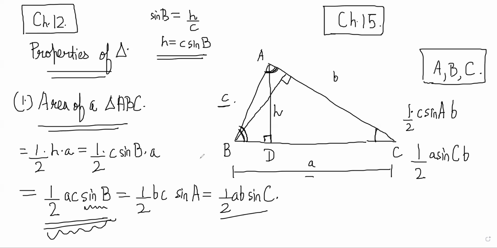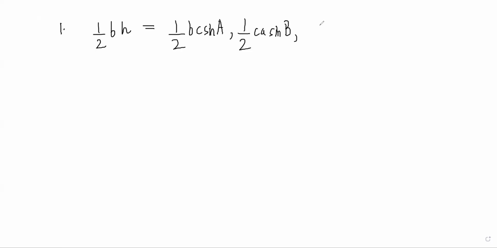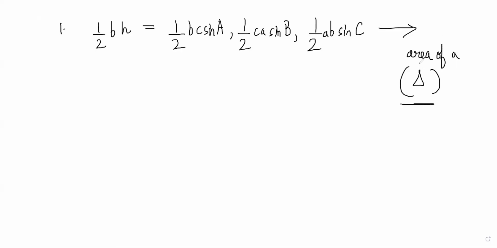So remember, this is an important result. First you have half base into height, and from there we got half bc sine A, half ca sine B, half ab sine C. This is also the area of the triangle. In this chapter and in chapter 15, we will denote the area of a triangle with the symbol del, delta.